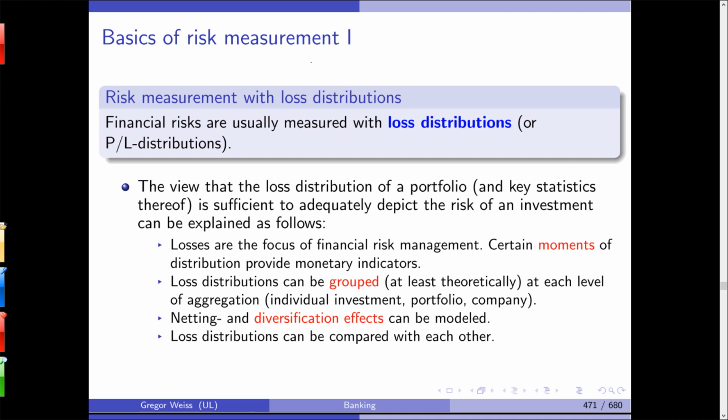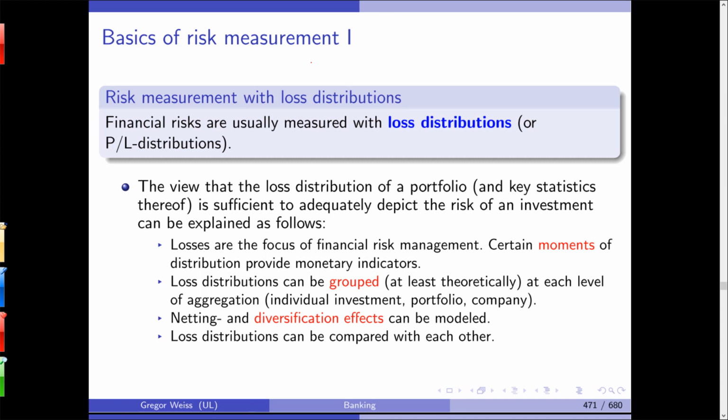Why concentrate on financial losses? First of all, it's about money. We can talk about reputational risk, we can talk about effects on reputation and strategic errors, but in the end, we have to come up with a monetary figure, something that is expressed in dollars or in euros, for example.